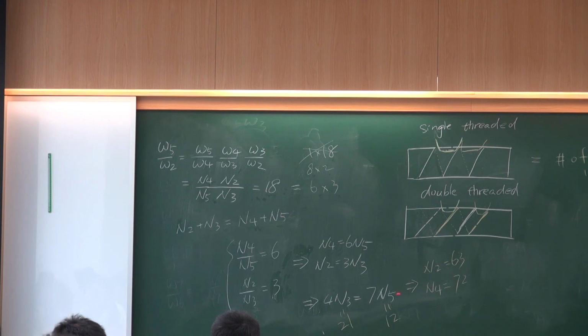I pick the smallest one and make it equal 12 to meet the limitation. And by this one, I can also get an integer number for N3. And once you get N3 and N5, you can quickly get N4 and N2.